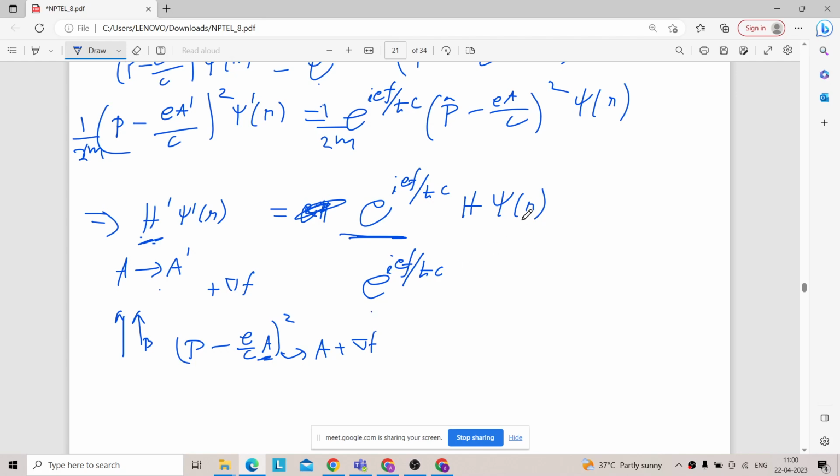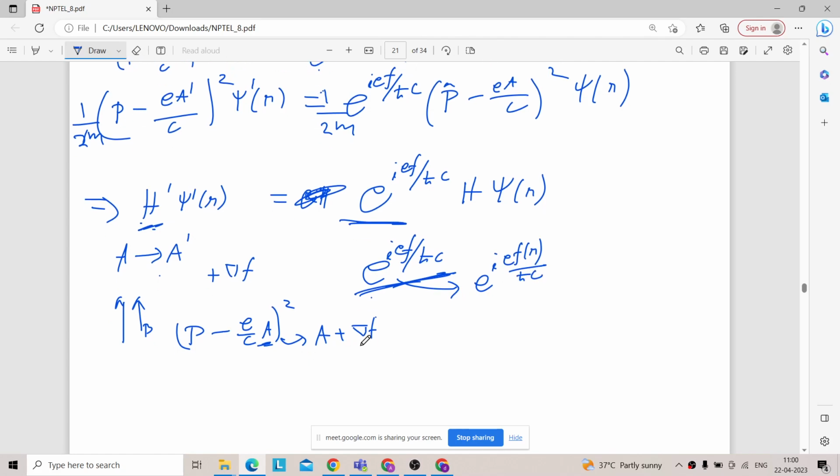Our wave function is simply multiplied by this phase factor, e to the power i e f of r divided by h cross c. So due to this gauging, the equation remains invariant. It's just shifted by this phase, e to the power i e f of r divided by h cross c. So our Schrodinger equation is gauge invariant.